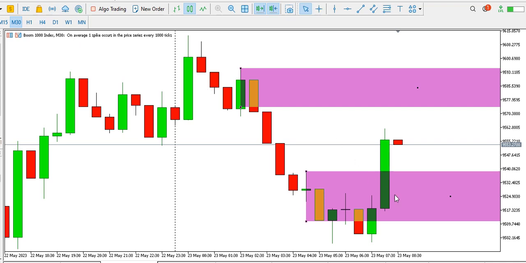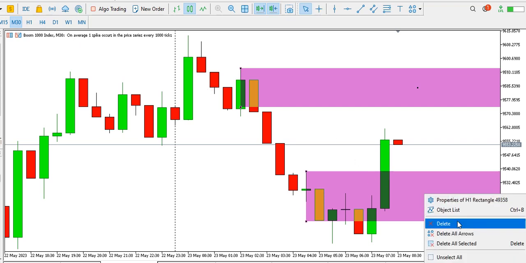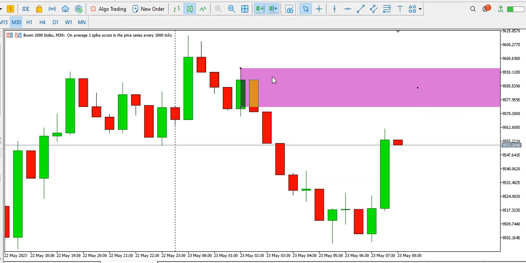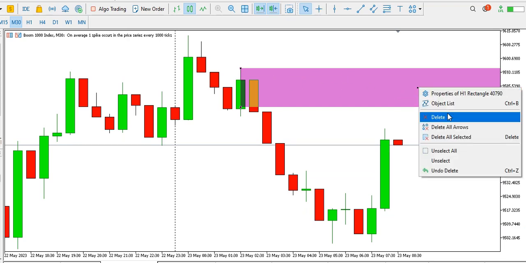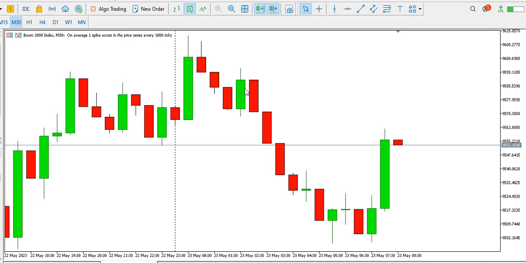On the 30 minutes time frame, we have price trying to get to the top. All right, to the top we have this particular order block as the first resistance area that price might meet before price goes further up. But on the 30 minutes time frame, you can see this double bottom pattern.